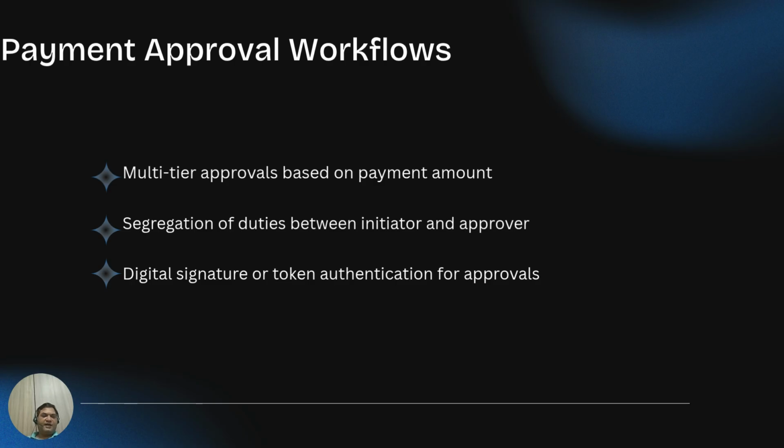There is a bank platform where you log in with the approver credentials, and then you also have a tokenized password system, similar to an OTP process where you log into a bank. If you have to approve a payment, a token OTP is received, and based on that the approvals are executed.